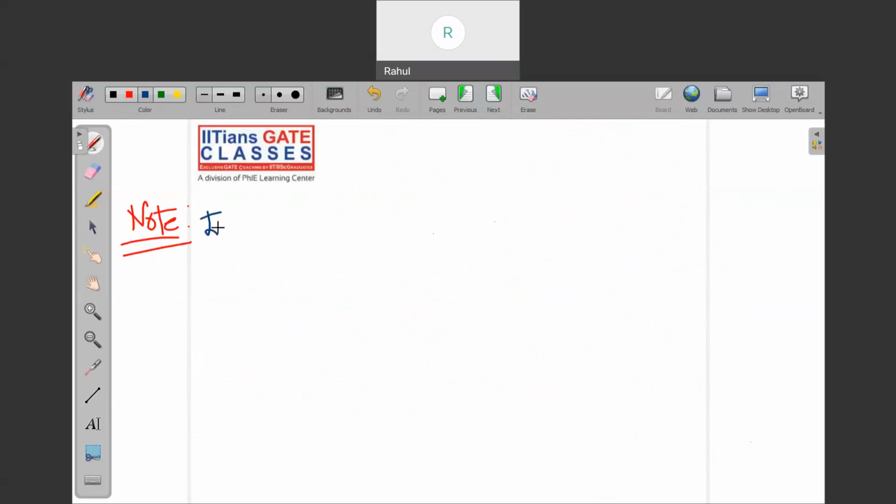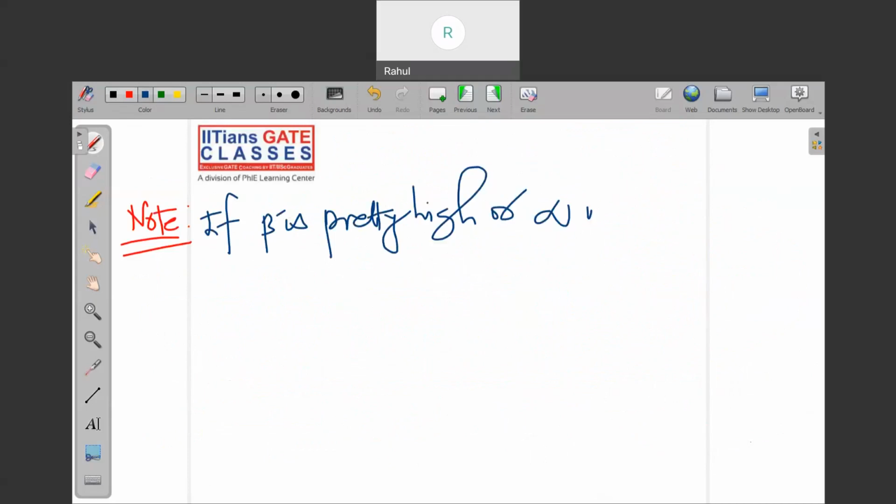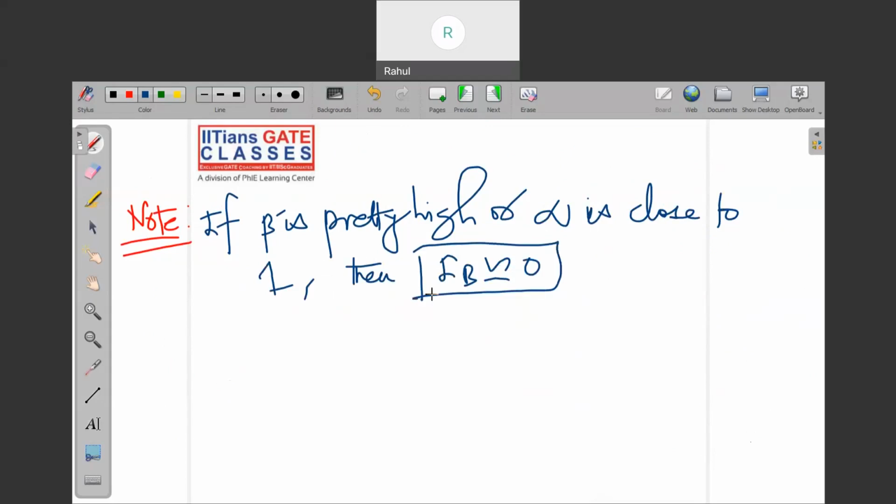If beta is pretty high, if they mention in the question that beta is pretty high, or alpha is close to 1, then consider IB equal to 0, and so from here IC will be equal to IE.